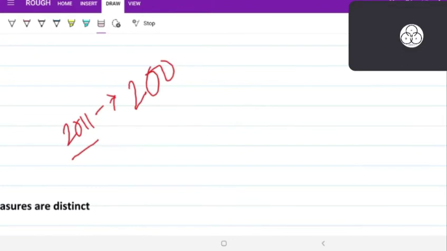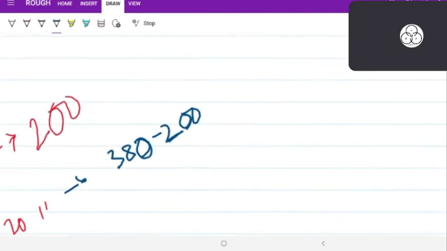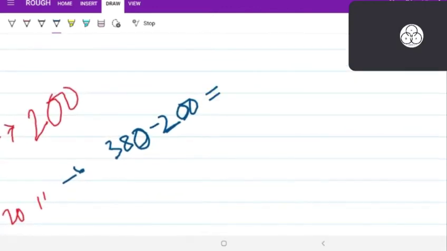So this is the first 2011 terms, this is the second 2011 terms, and the sum will be 180.